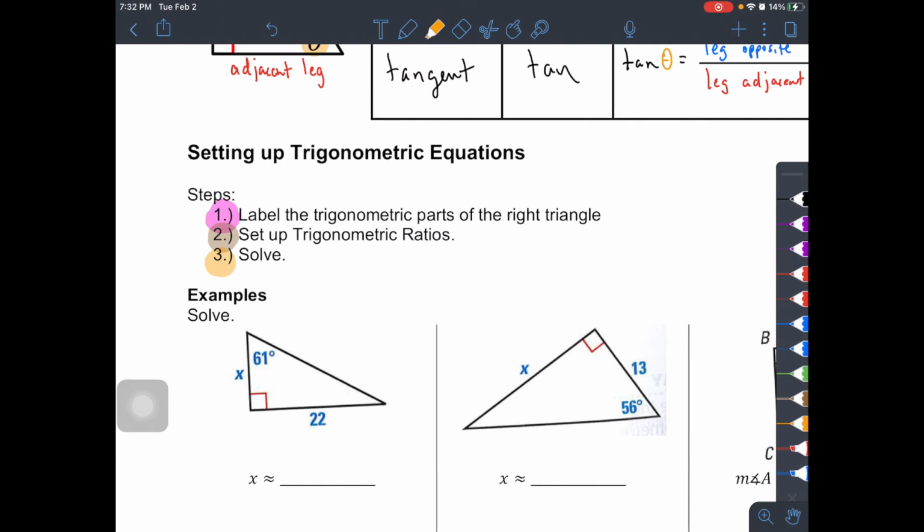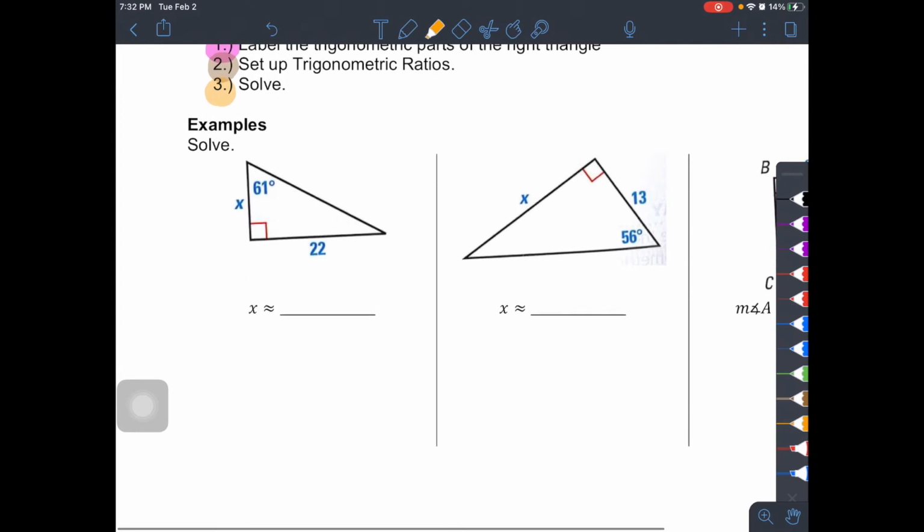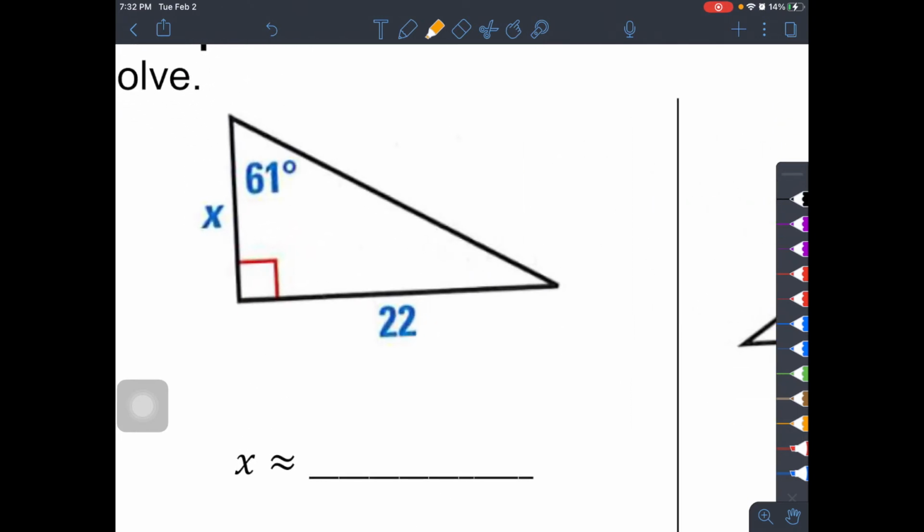Okay? So, problem number one. Step one, we want to label all the trigonometric parts of this triangle. So we've got my hypotenuse. We've got theta. That's going to be our 61 here, which then tells us where our adjacent leg is. And our opposite leg.